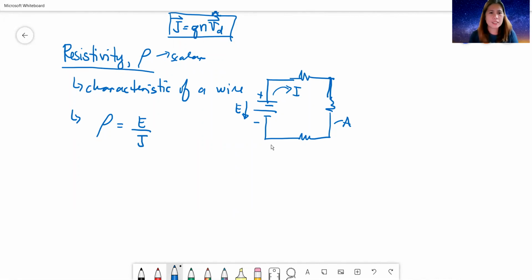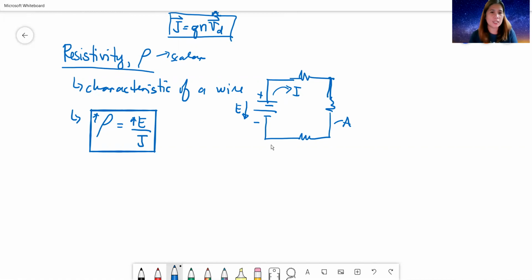The greater the resistivity of your wire, the higher the electric field it needs to be connected to in order to bring about a certain current density. On the other hand, if the resistivity of your wire is less, it needs less electric field strength to produce the same current density.